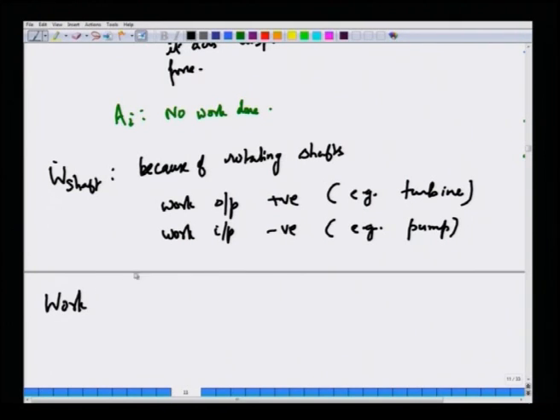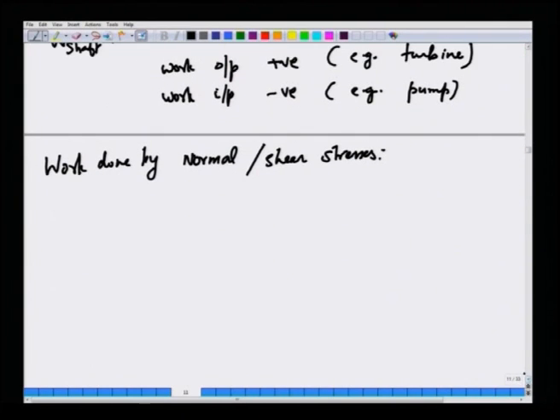Now, besides the shaft work, you have work done by normal and shear stresses. So, we look at this case by case. Work done is simply F dot ds.